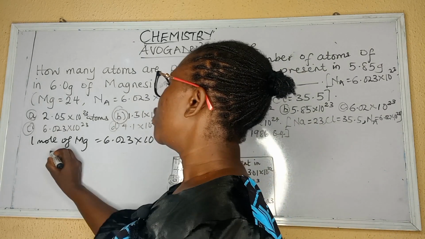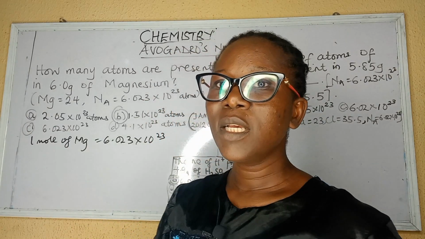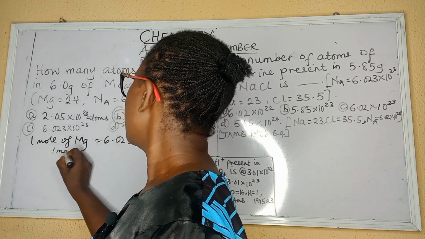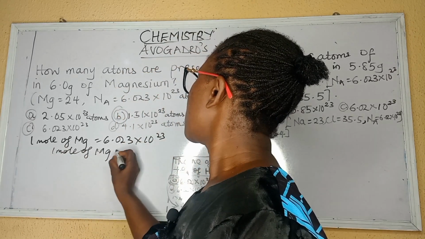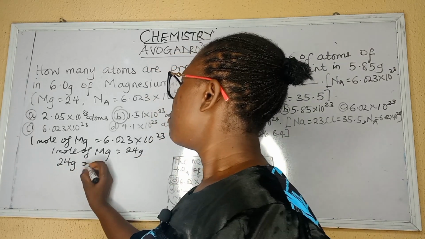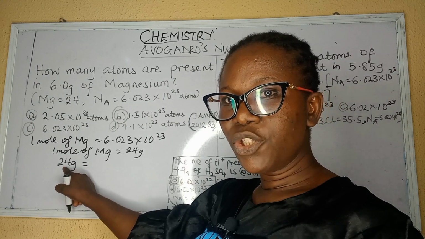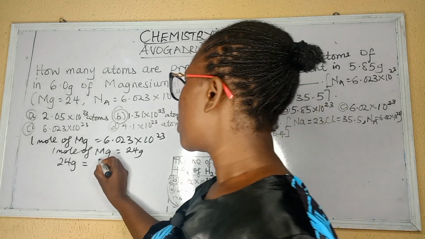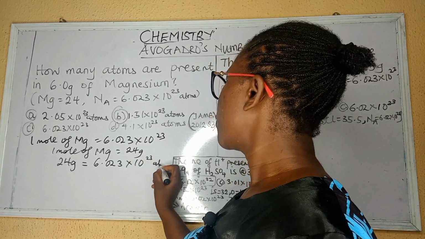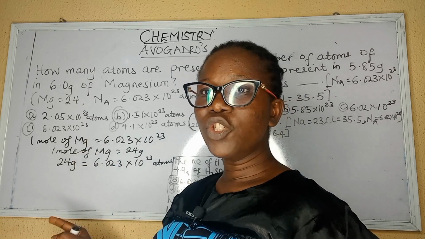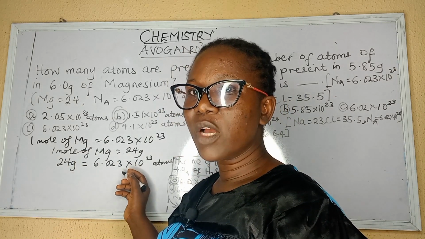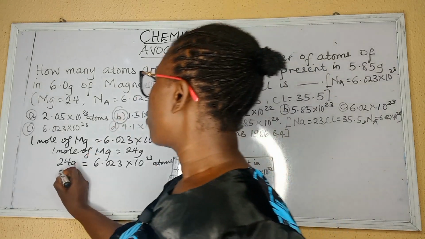So 1 mole of magnesium is its atomic mass, which is 24 grams. So I will write 24 grams here, meaning that 24 grams of magnesium contains 1 Avogadro's number, which is 6.023 times 10 raised to the power 23 atoms. Since 1 mole of magnesium contains 1 Avogadro's number, it means 24 grams of magnesium contains 1 Avogadro's number. So 6 grams will contain what?